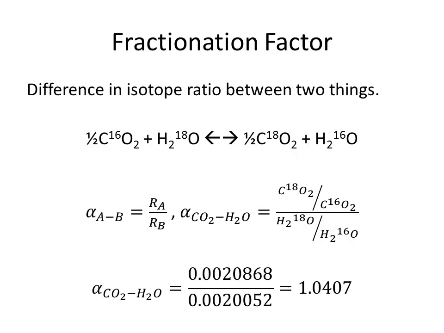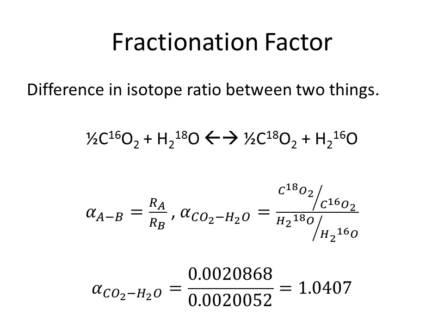Now we're going to talk about how and why the isotope ratio in basically one thing might be different to the isotope ratio in another thing. The first thing we've got is the fractionation factor, which is a parameter which describes how different the isotope ratio is in one thing relative to another thing.